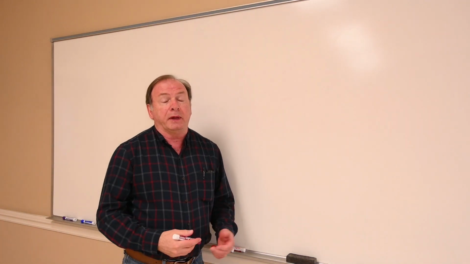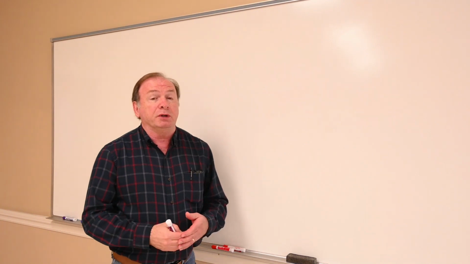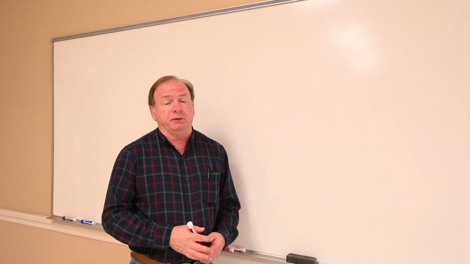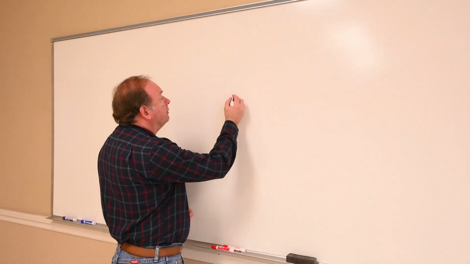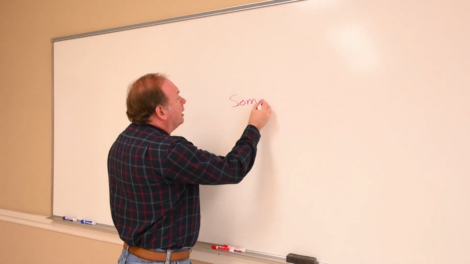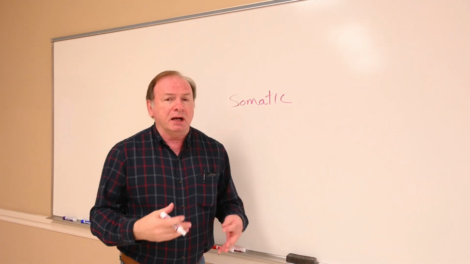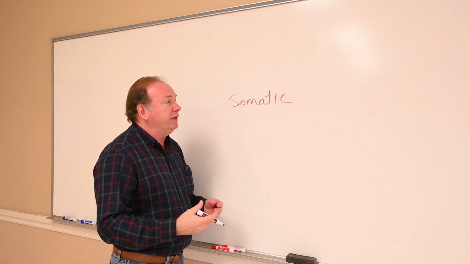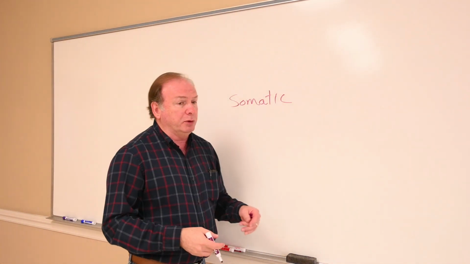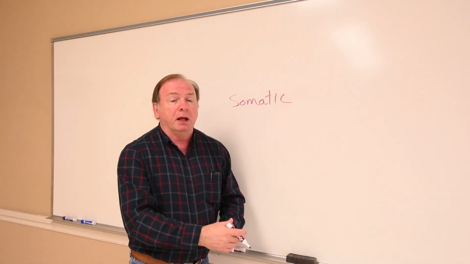The next topic is the difference between somatic and autonomic portions of your nervous system. The somatic part of your nervous system operates at the conscious level. You have conscious awareness of the events going on in your somatic nervous system. There's a sensory portion and a motor portion to that.